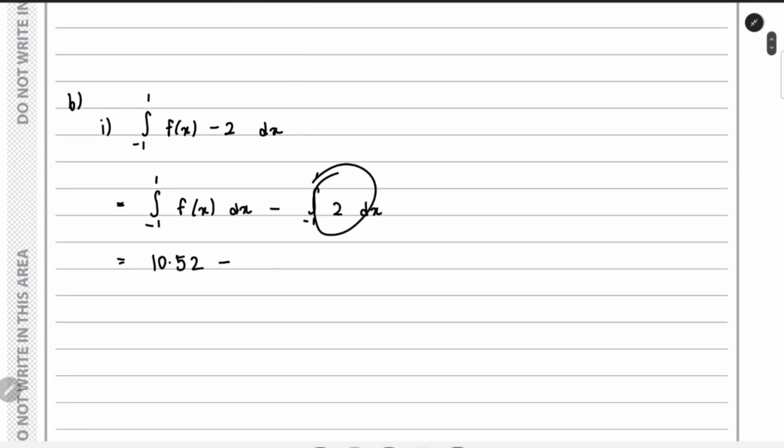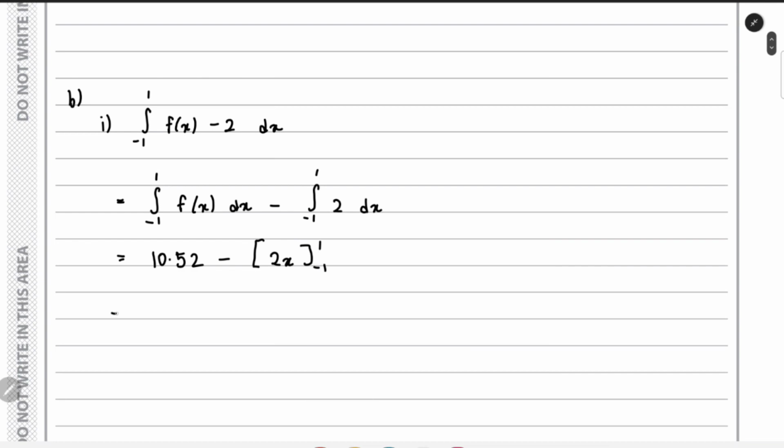We can integrate this and we'll get 2x. The limits are minus 1 to 1, so we get 10.52 minus 2 times 1 minus 2 times minus 1.